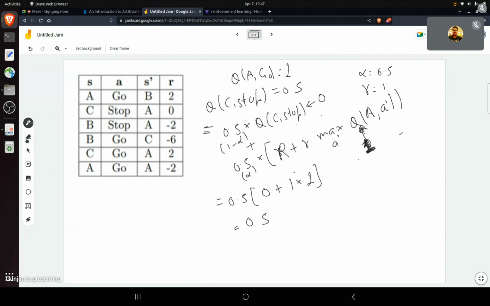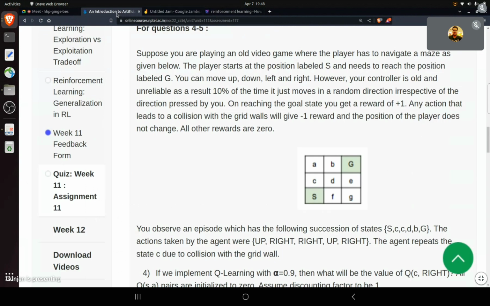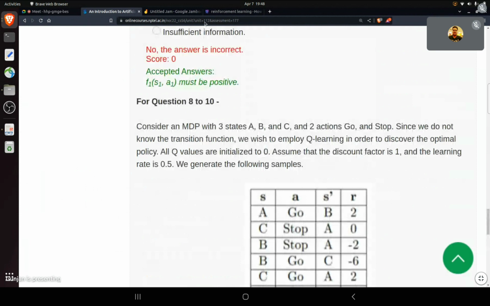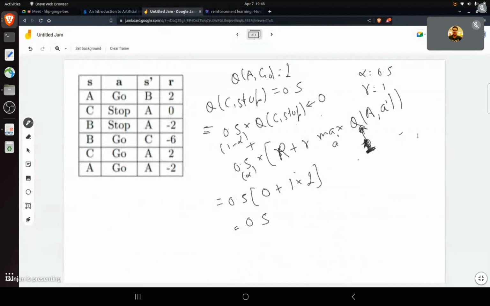Sir, what is the max of, you said? There is only one quantity, I think. See, in the question it says that you can do two actions, go and stop, right? So here at Q A, this A dash is basically go and stop. So what is the value of Q A comma go, and what is the value of Q A comma stop?